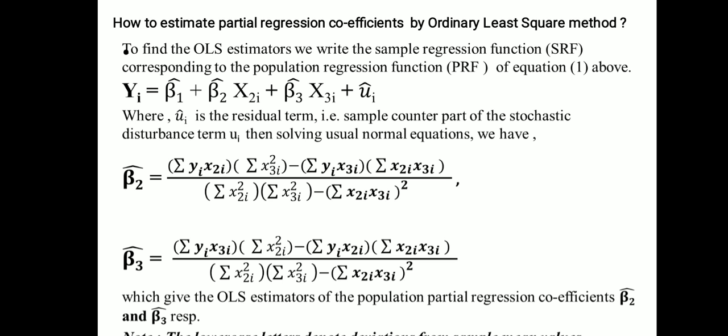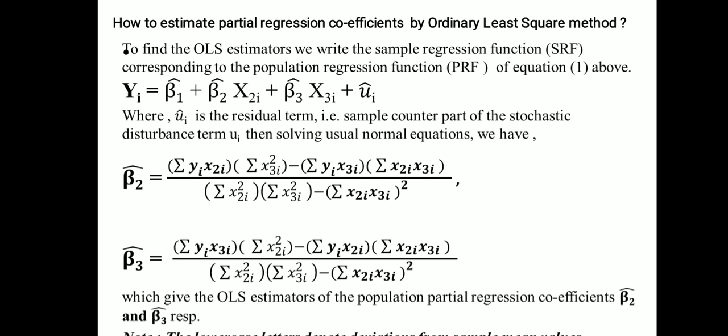Similarly, you solve the normal equations, and after solving we get beta 2 cap equal to summation yi x2i into summation x3i squared minus summation yi x3i into summation x2i x3i, whole divided by summation x2i squared into summation x3i squared minus summation x2i x3i, the whole squared.